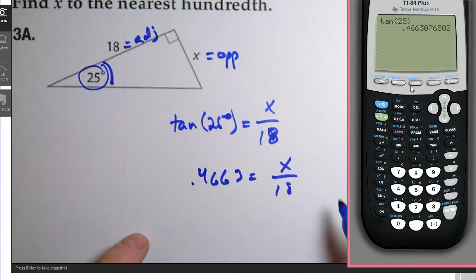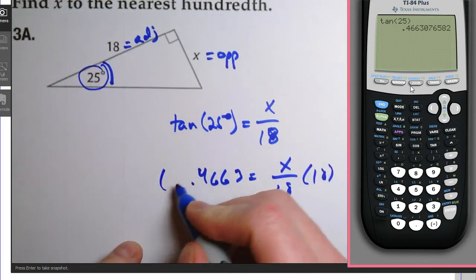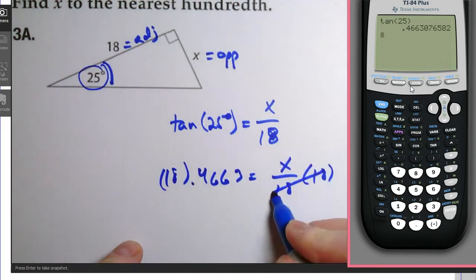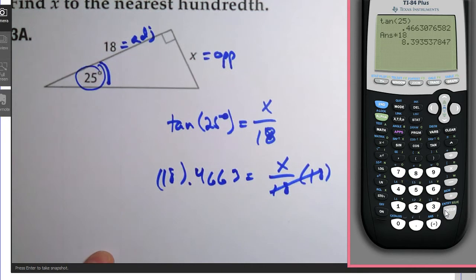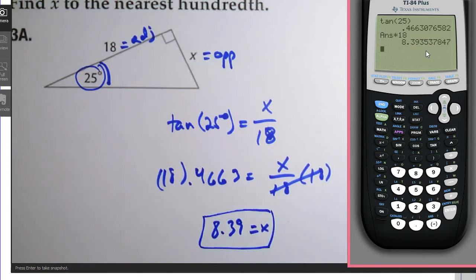Now to solve for x, multiply both sides by 18. That'll cancel it off. So you can just do 18 times 0.4663, and I'm going to get 8.39 to the nearest hundredth, so x equals 8.39. That's the value of x.